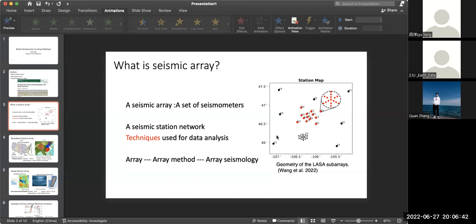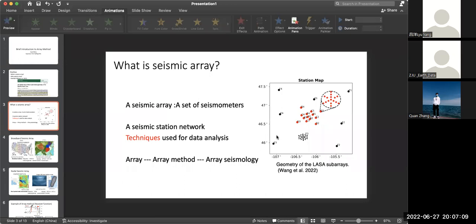And a seismic array differs from a local network of seismic stations mainly by the techniques used for data analysis. Thus, in principle, a network of seismic stations can be used as an array, and the data from an array can be analyzed as data from a network.